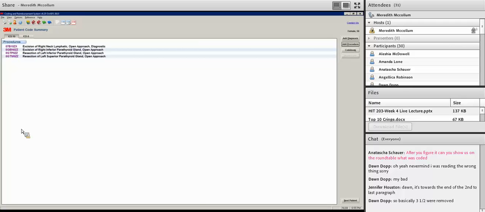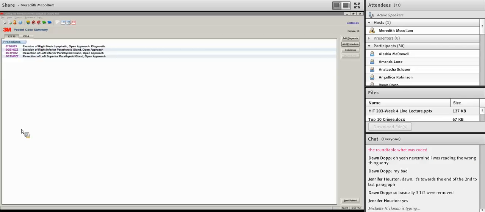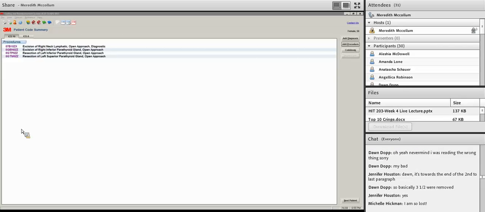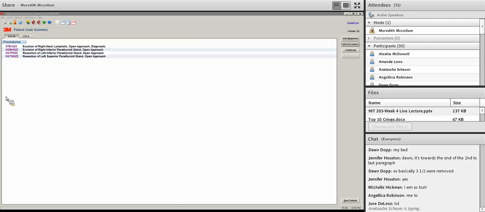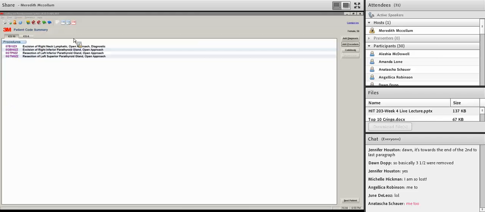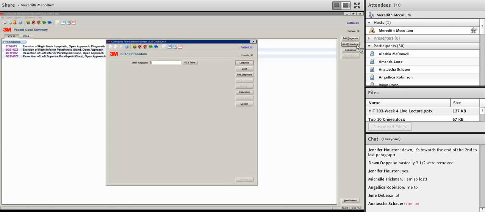And then there is an additional code. And this one is for, okay, so 3 parathyroid glands, the right and left upper superior, and the left inferior.